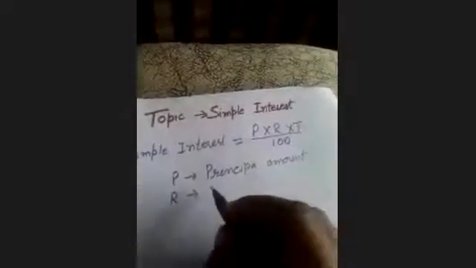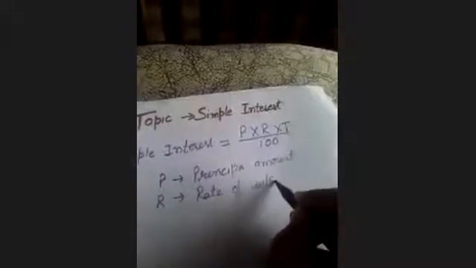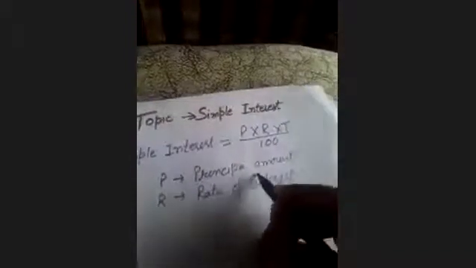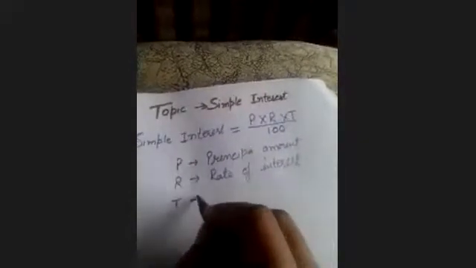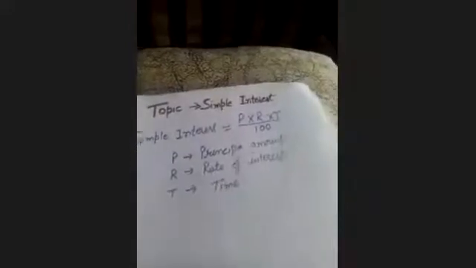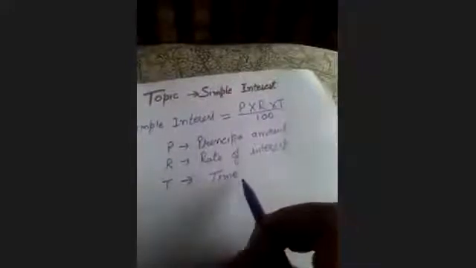R means rate of interest, and T stands for time, for how long we borrow the money.